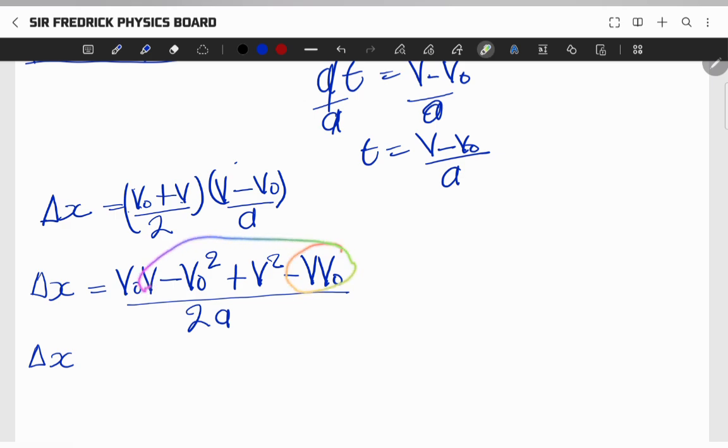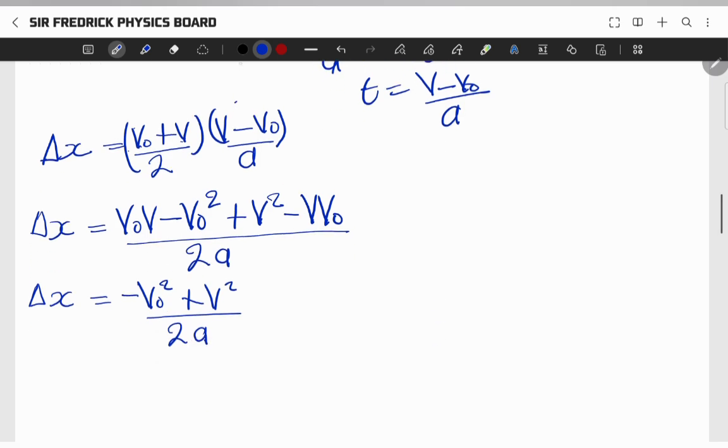If you group them, definitely we are going to have a 0 there. So what do we have? We are only going to remain with negative v naught squared plus v squared over 2a. All right, so we are now going to make v the subject of the formula.